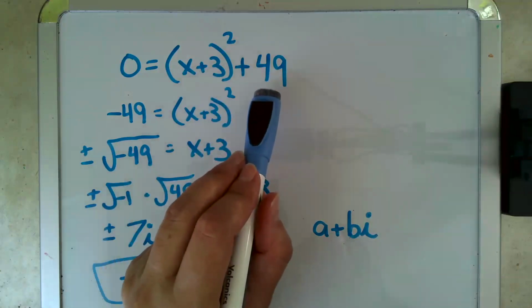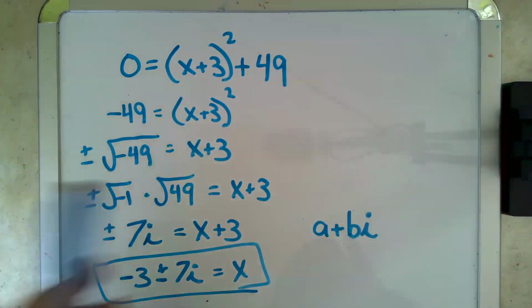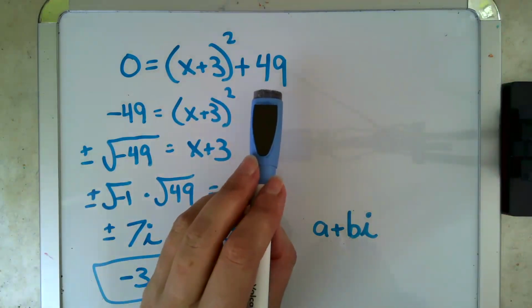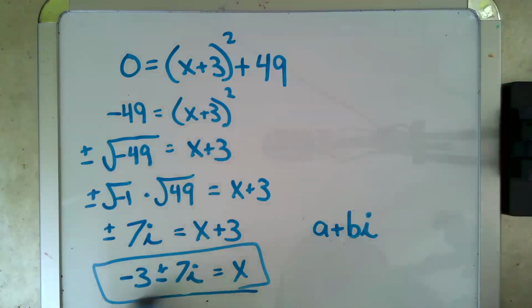Our y-coordinate is 49. It's positive, so this thing opens up starting at a y of 49. This will never hit the x-axis. Same thing, if this question is asking you how many real roots do you have, the answer is none. You only have 2 imaginary roots.